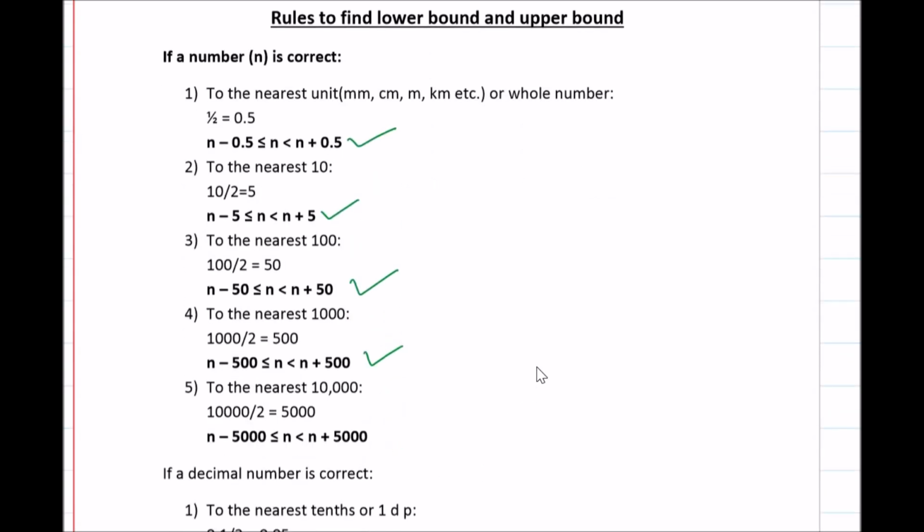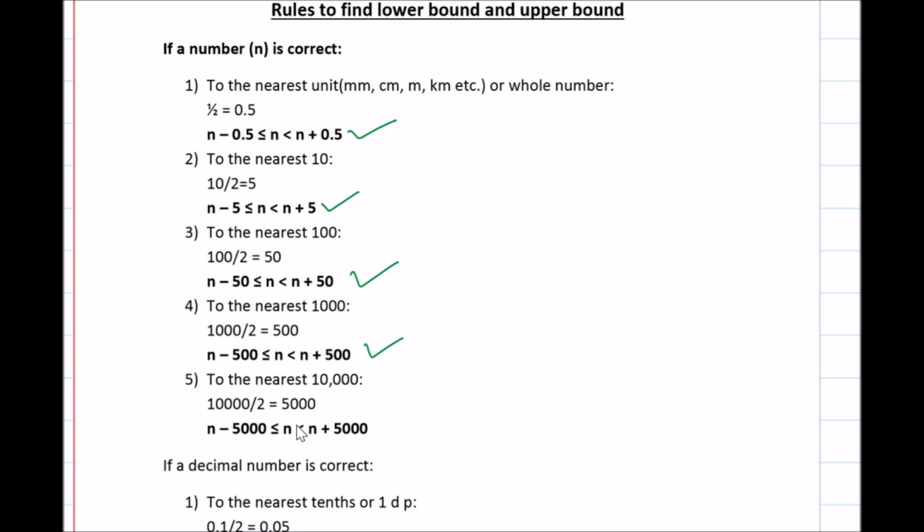Now if it says to the nearest 10,000, we take 10,000 divided by 2, so we get 5,000. That means we subtract 5,000 from the number and add 5,000 to the number. n minus 5,000 gives us the lower bound and n plus 5,000 gives us the upper bound.